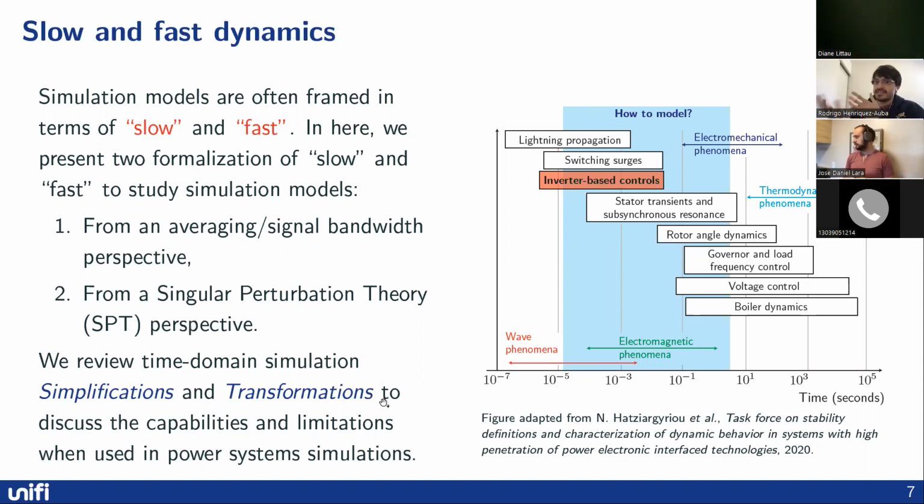First, the standard approach that is rooted in a signal bandwidth perspective, which depicts which type of frequency components of the phenomena are being studied. And the second approach is from a singular perturbation theory perspective, which compares between states how fast and how slow they are. So if you go to the next slide, Jose.